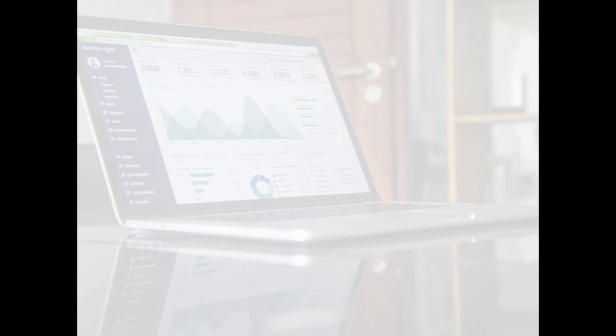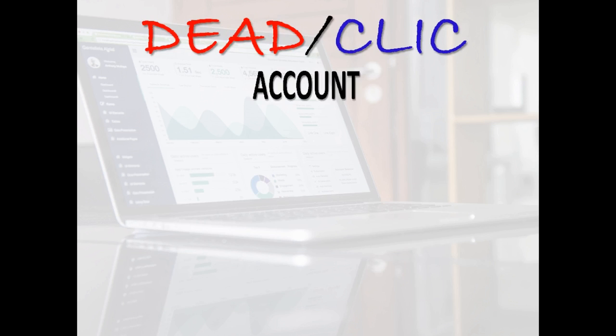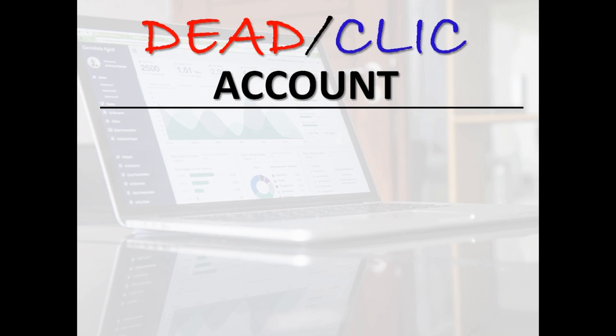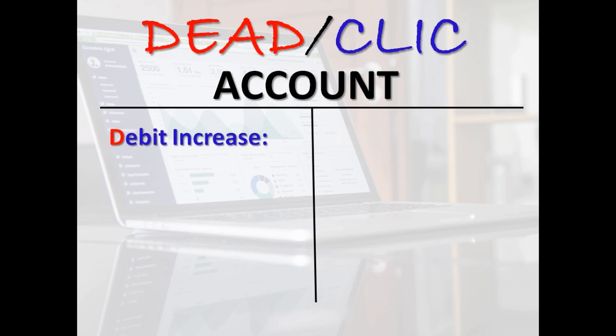Okay, fantastic. Now we have a mnemonic, and we call it DEAD CLIC. This mnemonic helps us to remember what to debit and what to credit. So on the left hand side we debit increases. We debit an increase if it's an expense, if it is an asset, if it is drawings.